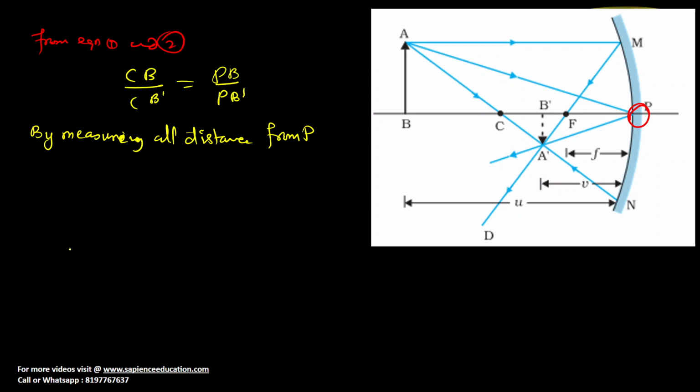So from the pole we can write CB is equal to PB minus PC, and CB dash is equal to PC minus PB dash.